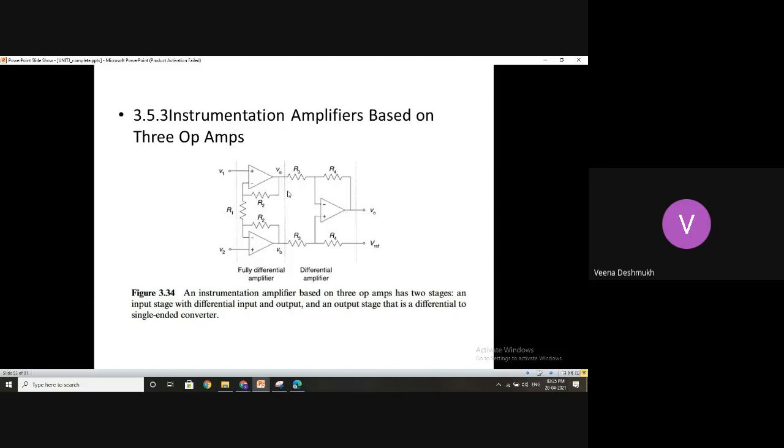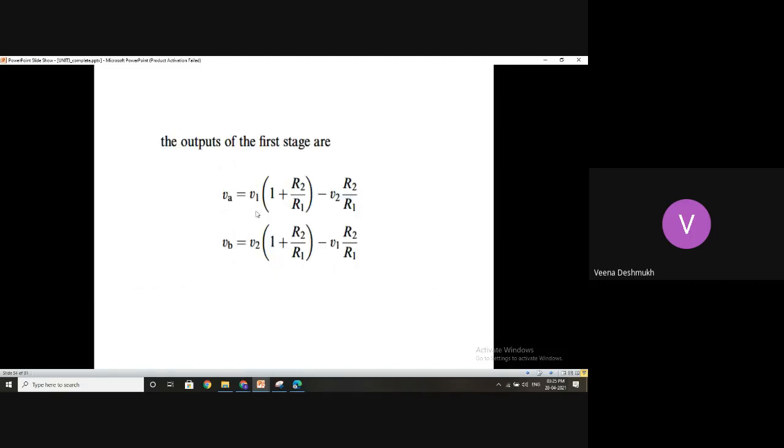So VA is equal to V1, which is connected to the non-inverting terminal of the top op amp. So gain is 1 plus R2 by R1, and V2 is coming through R1 and connected to the inverting terminal. So the gain will be minus V2 into R2 by R1.